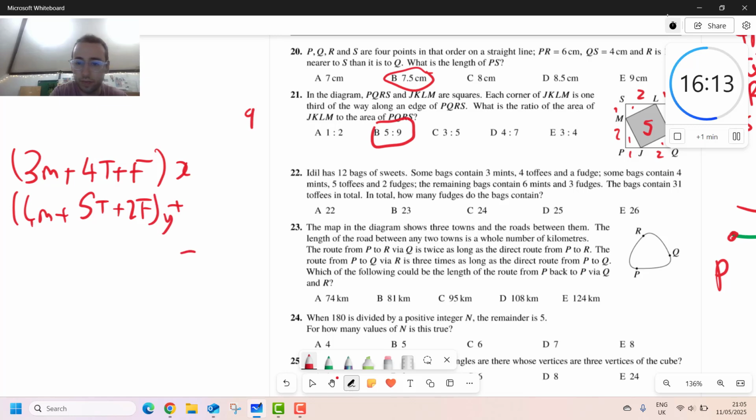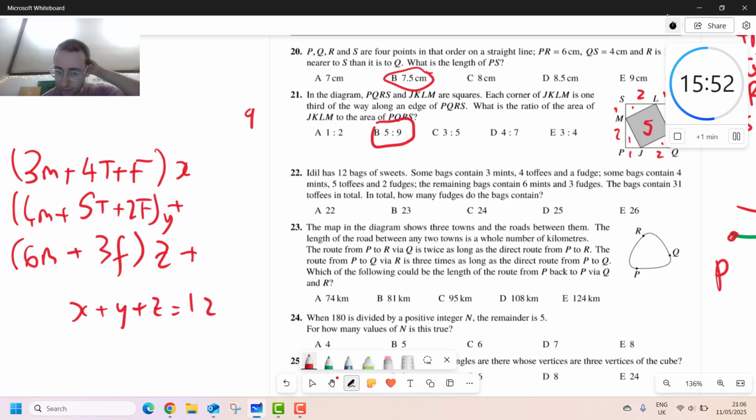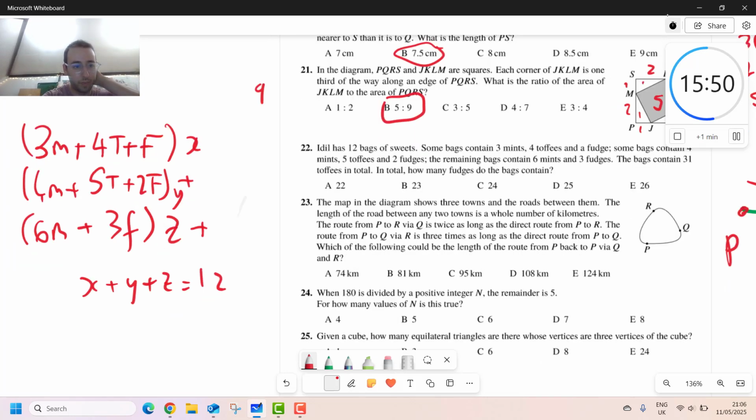Some amount of those. The remaining bags contain 6 mints each. And x plus y plus z is 12. The bags contain 31 toffees in total.